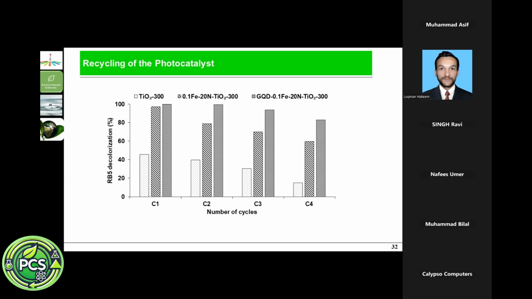And the third limitation is, when you go to field scale decolorization and application of the nanomaterials, probably you will be looking for some dilution of those waters because they contain intense color.